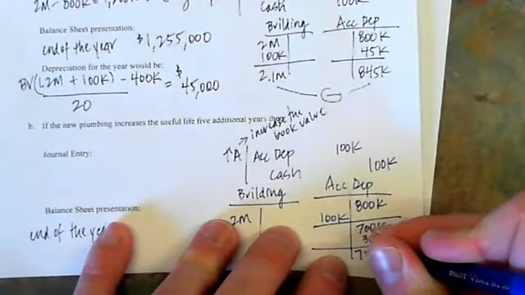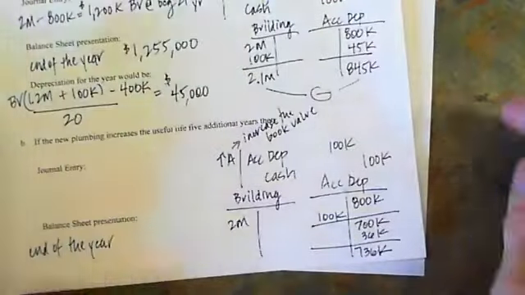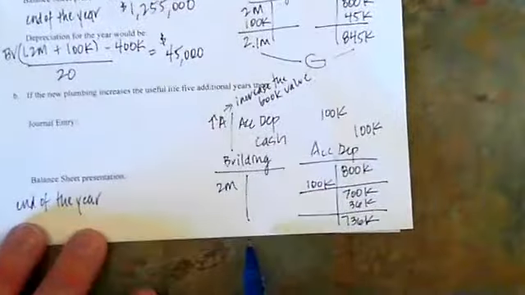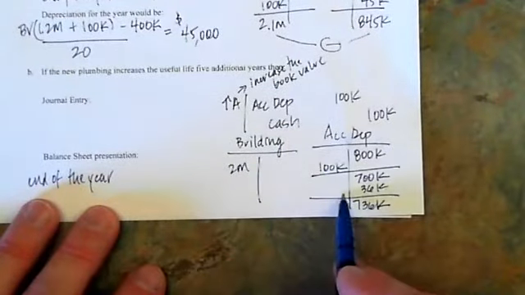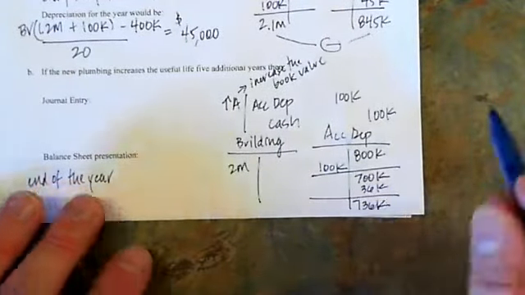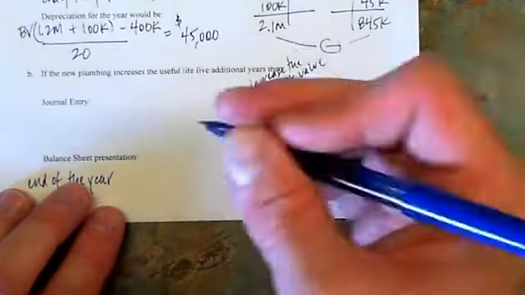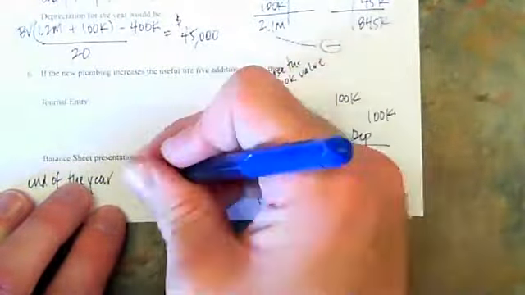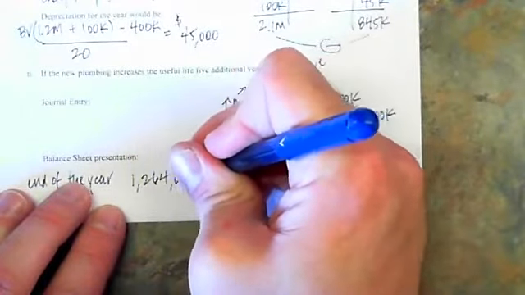That would be 736,000 of accumulated by the end of the year. So then the balance sheet at the end of the year would be 2 million less 736,000, which leaves me with $1,264,000 as the book value.